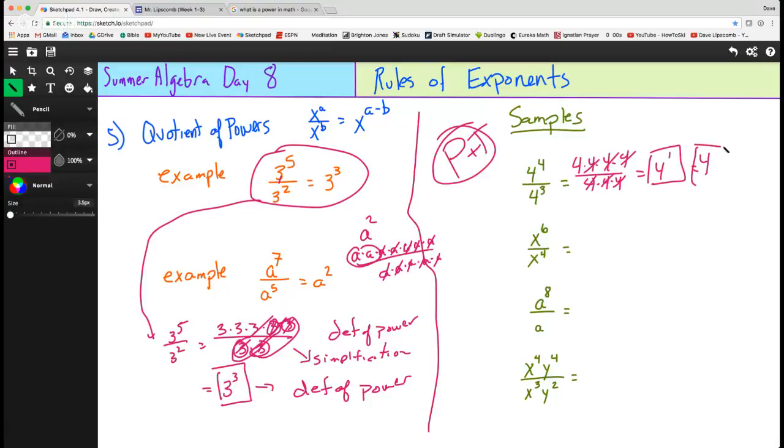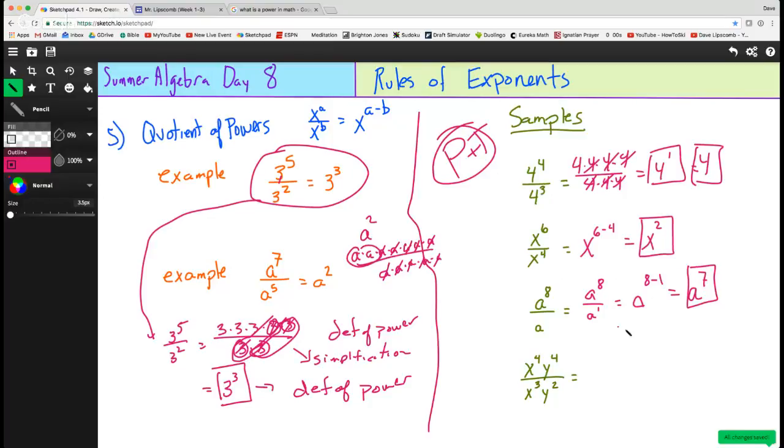So either one of these is fine. X to the 6th over x to the 4th is x to the 6 minus 4, which is equal to x to the 2. A to the 8th over a is the same thing as a to the 8th over a to the 1st, which is equal to a to the 8 minus 1, which is equal to a to the 7th power.